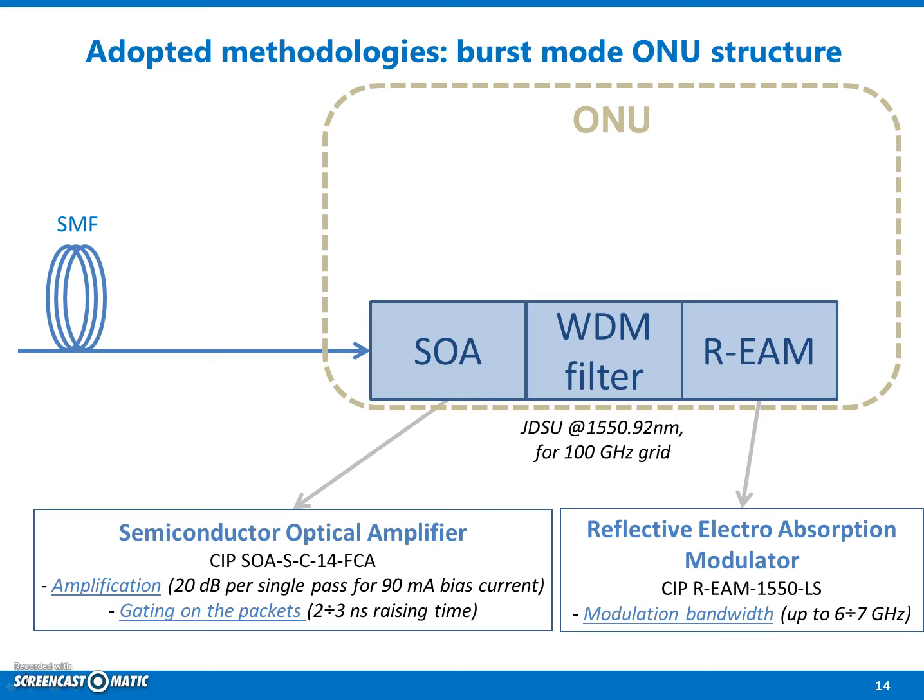At the same time, at the optical network unit side, I used a reflective transmitter composed by the cascade of a semiconductor optical amplifier and a reflective electroabsorption modulator in order to generate the upstream optical packets.